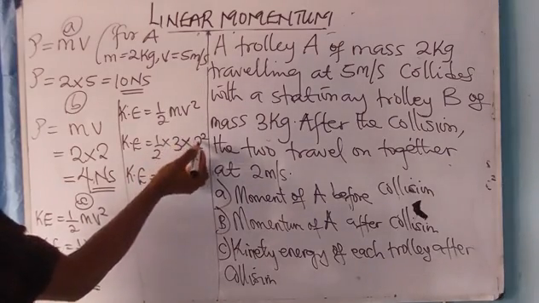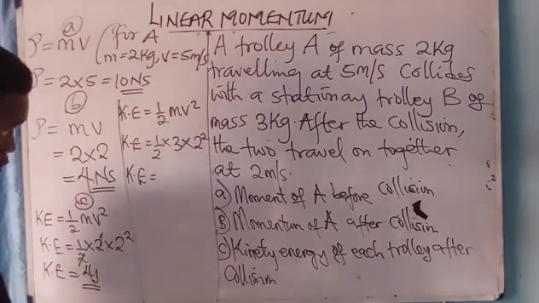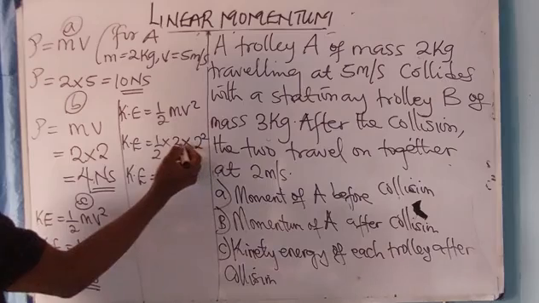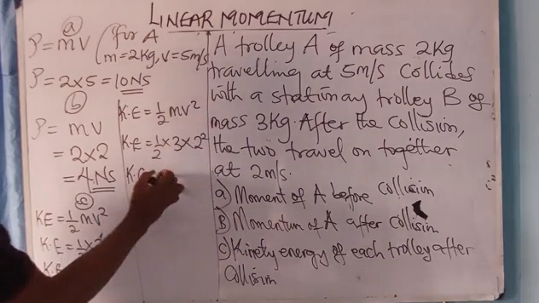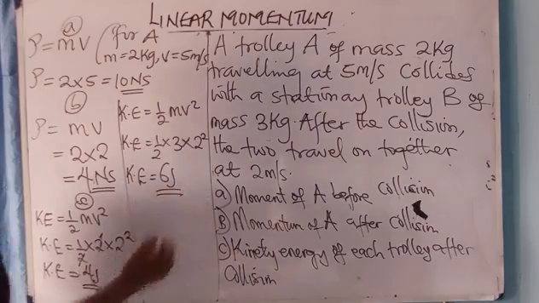So 4 times 3 is 12, and 12 divided by 2 is 6 joules.